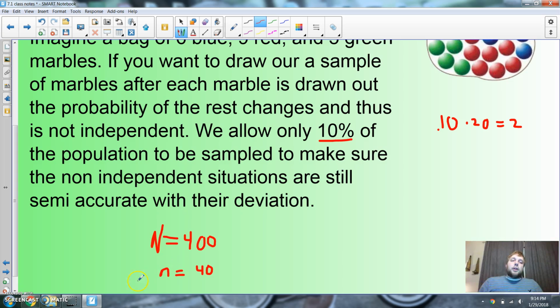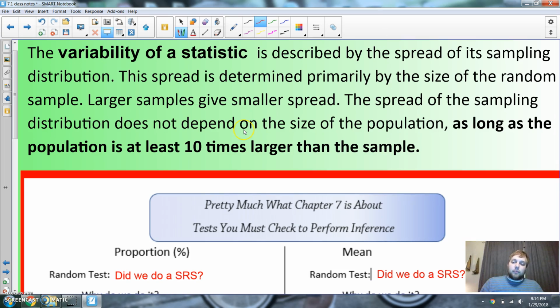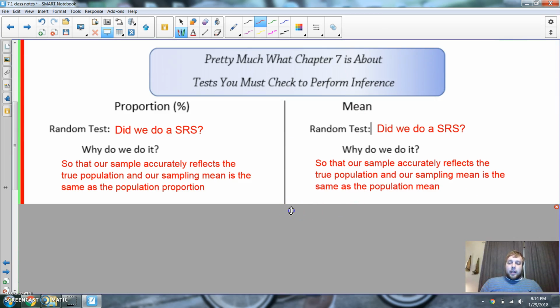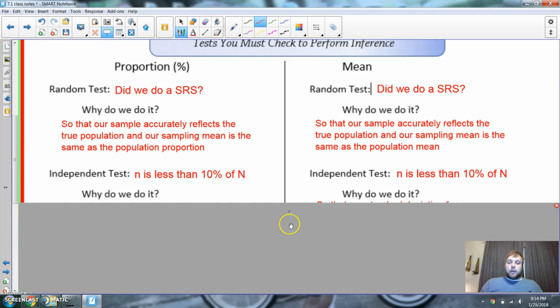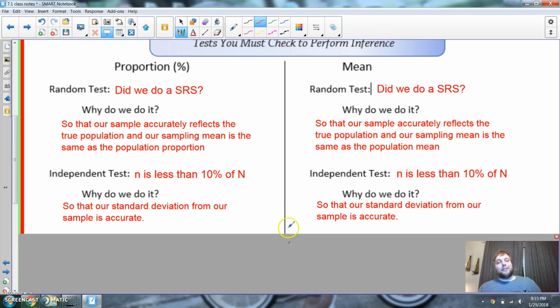Okay, so here's the next big rule. I don't know if you guys got to fill that out or whatever, but here it is. We're going to reveal our independency test. First of all, we had our random test. Make sure we do things randomly. Why? So we hit the mark.